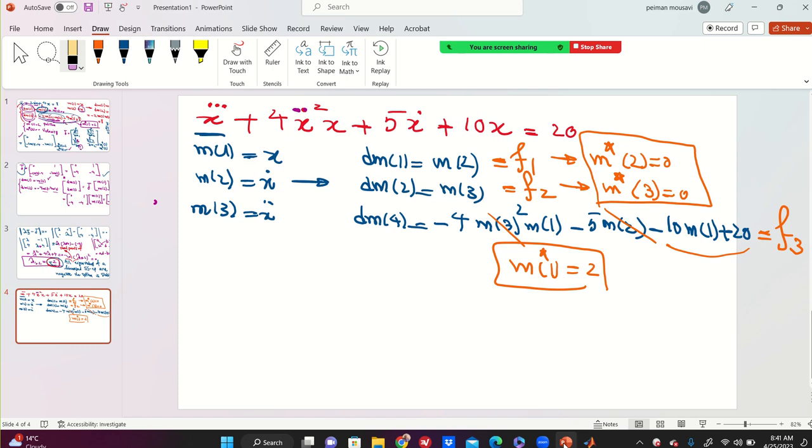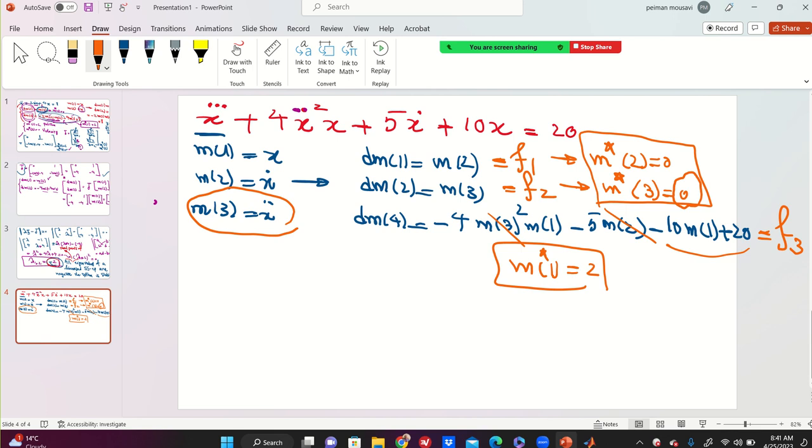Its proof is very easy, guys. Look here, all of you. What was the equilibrium point of M3? M3 is x double dot. The equilibrium point of that is how much? You tell me.